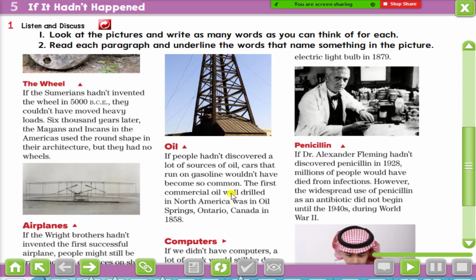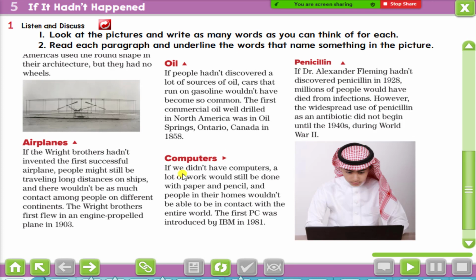A well is a deep hole in the ground from which they take oil. And to drill means to make this hole. The next invention is computers. We will read it. Okay, Ahmed.